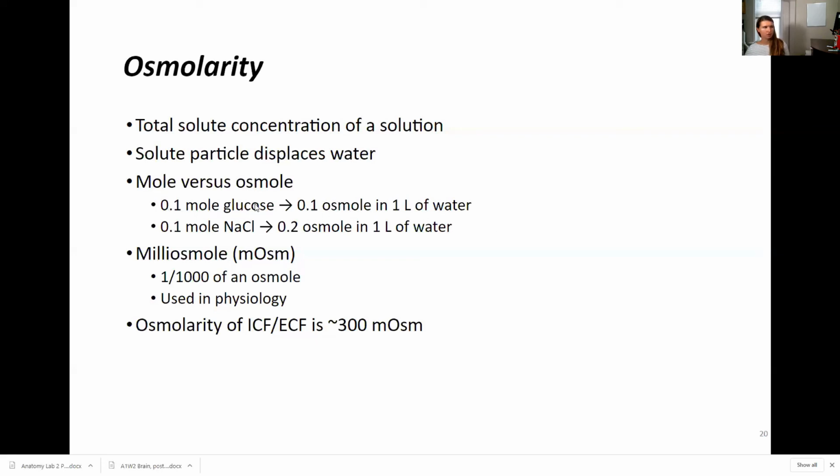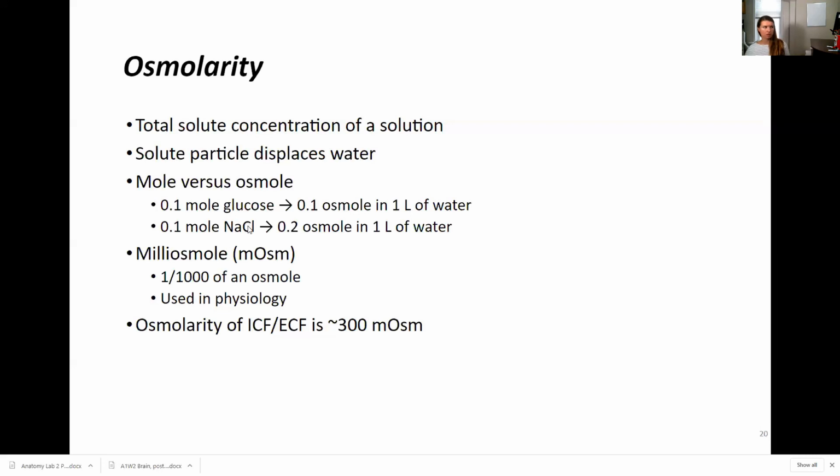So if it's just glucose molecules, we have the same molarity as we have osmolarity. If we talk about table salt, NaCl, dissolved in this water, we have 0.1 moles of NaCl. That's not going to be 0.1 osmoles in a liter of water.